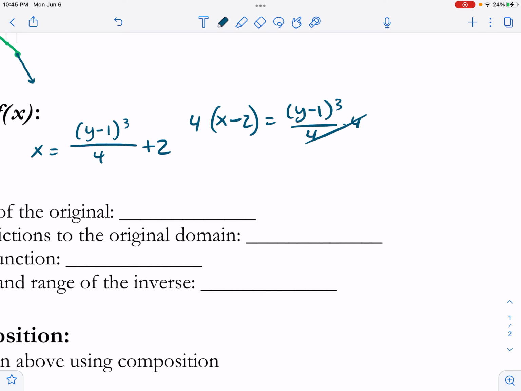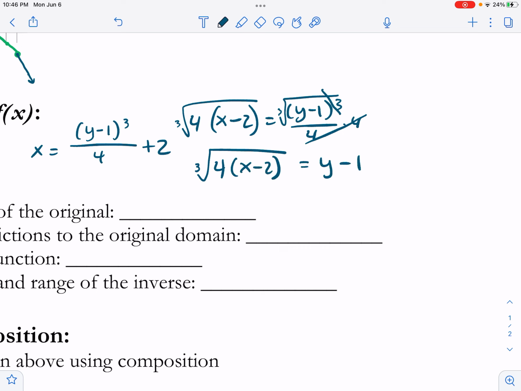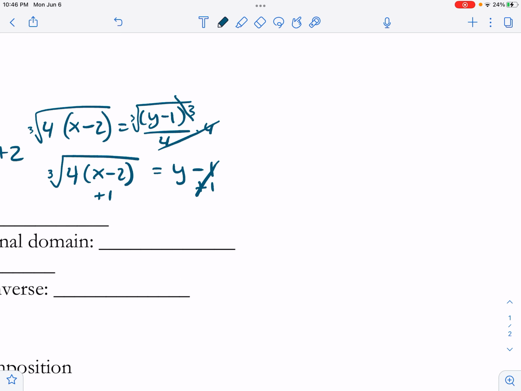And then to get rid of the cube, we would just take the cube root. So now we have cube root of 4 times x minus 2 is equal to y minus 1. So add 1 to both sides. So our final answer would be cube root of 4 times x minus 2, plus 1, is equal to the inverse.